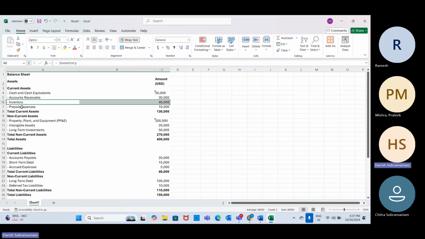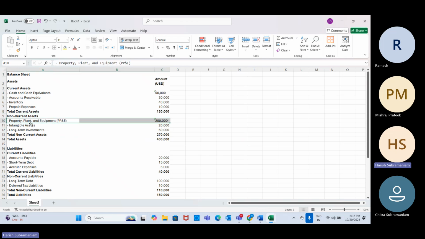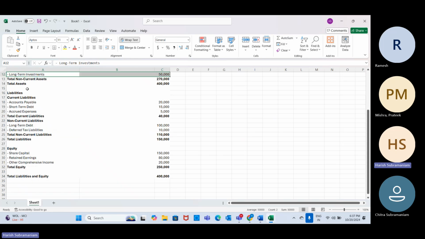Then we look at inventory, we look at prepaid expenses, and then we say these are the total current assets. Then there are non-current assets, and out of the non-current assets, typically the highest is the property, plant and equipment, all the factories and other things. There will typically be some intangibles such as brand value. And then there'll be some long-term investments. And these are the total non-current assets.